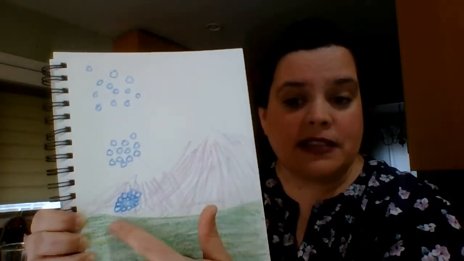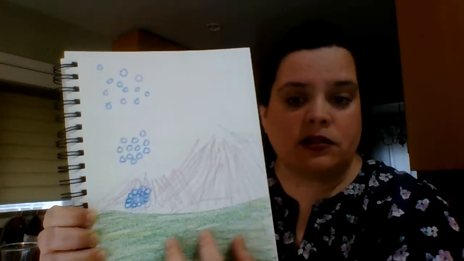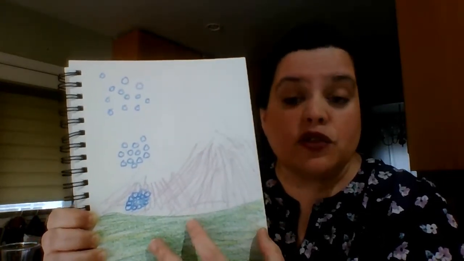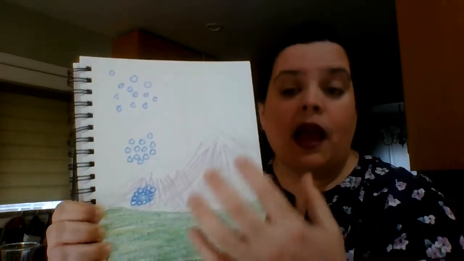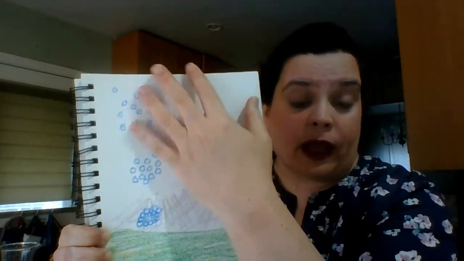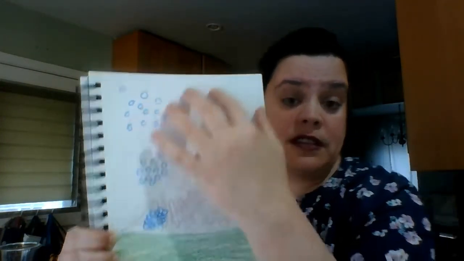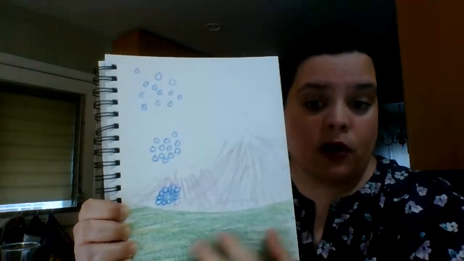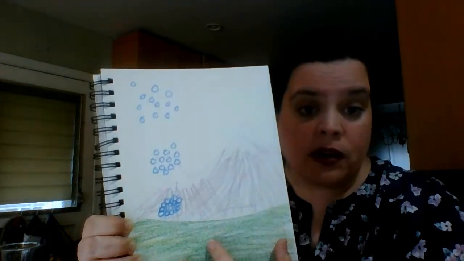So if this is the end of the day and this ground has been out in the sun all afternoon, then it has stored up a lot of heat and the air is cooling because the sun has gone down. So the air up here is starting to cool off. But this earth, this soil, has stored a lot of heat.